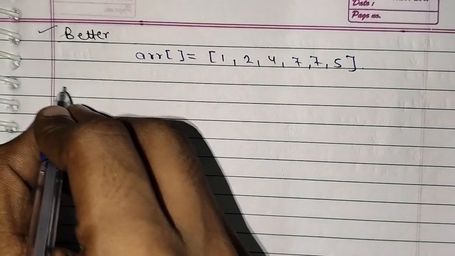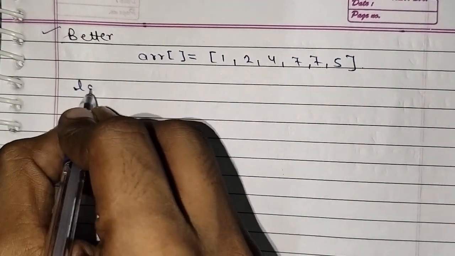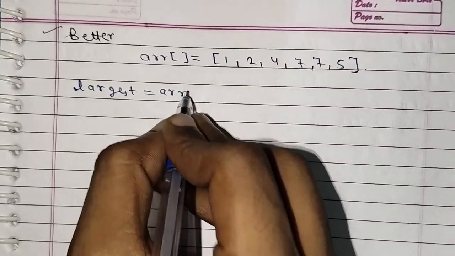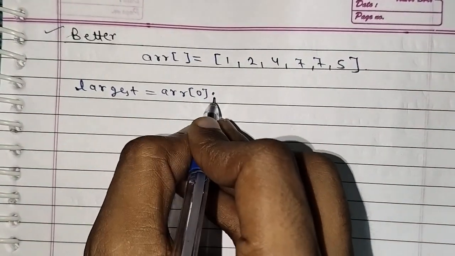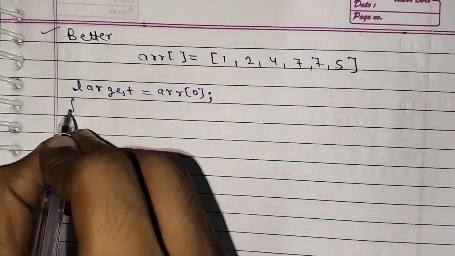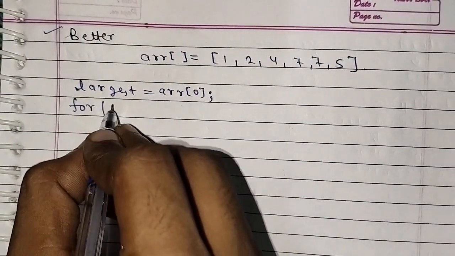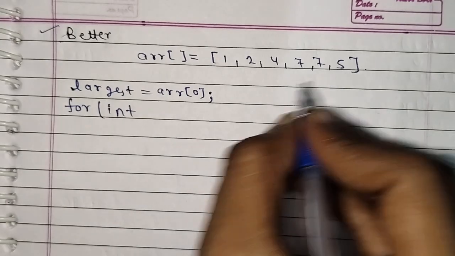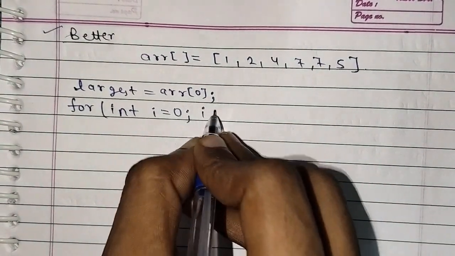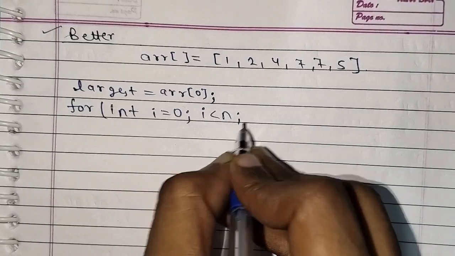For the largest element, firstly we store ARR of 0, supposing the largest element is ARR of 0. Then we traverse each element, int I is equal to 0, to find our largest.